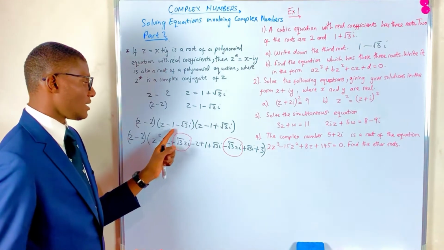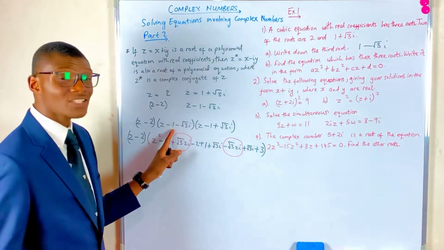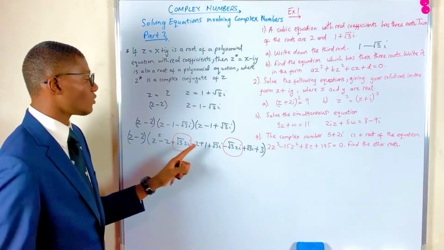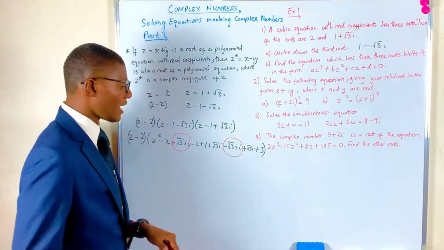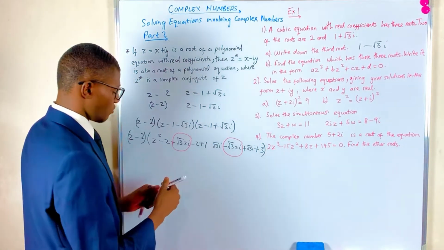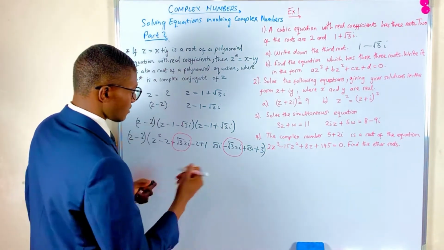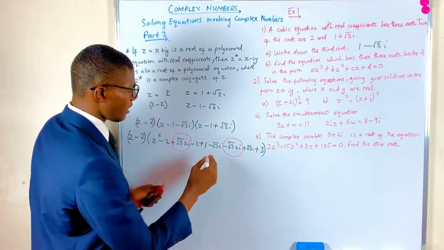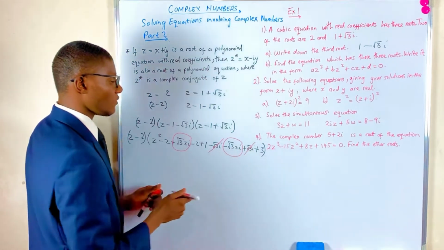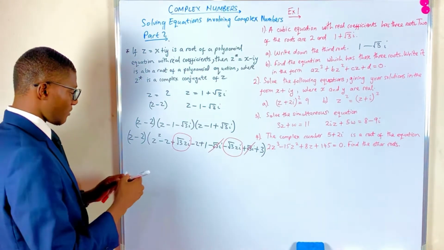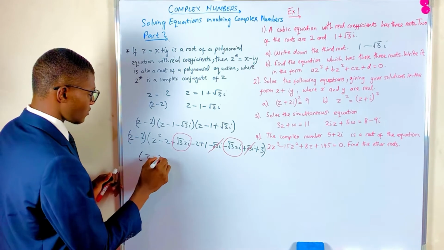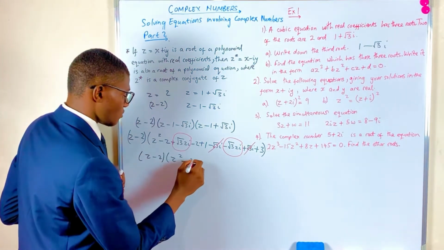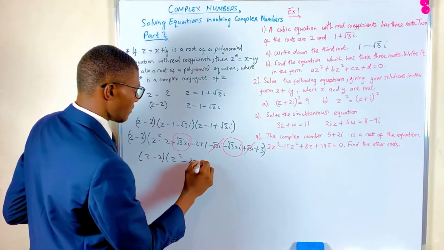For minus z, minus 1 times z, that's minus z. Minus 1 times minus 1, that's a plus 1. Minus 1 times root 3i will give us a minus root 3i, such that minus root 3i plus root 3i will give us a 0. And then we end up having z minus 2 times z squared minus 2z, and then 1 plus 3, we get a plus 4.